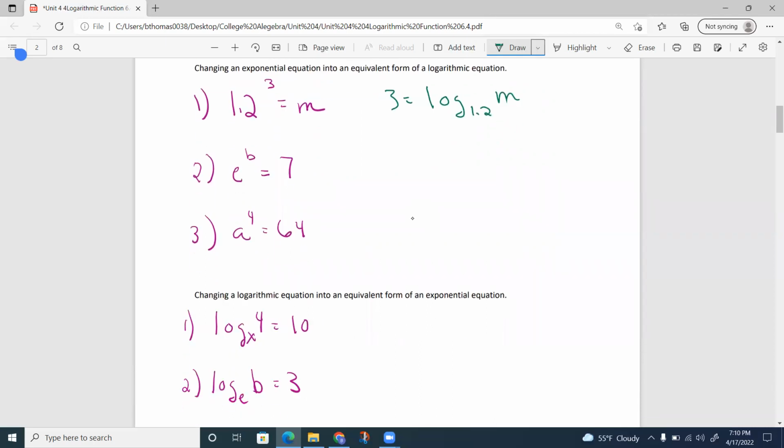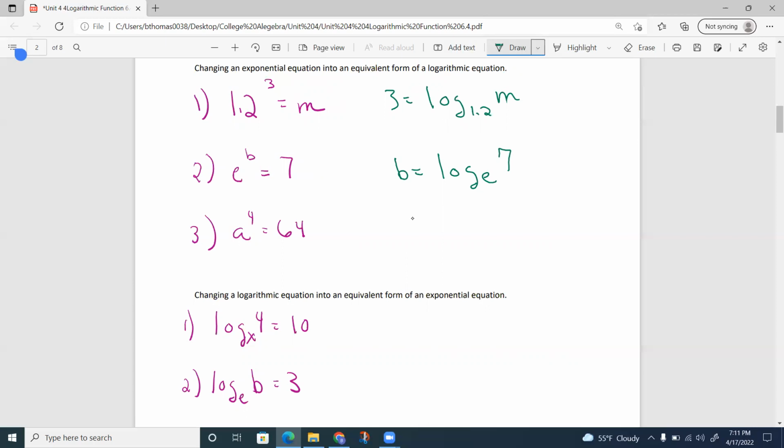So if I have e to the b equals 7, if I want to put that in logarithmic form, again, the exponent becomes one side of the equation, so the b comes over here. And then I'm going to take the log of something, but the base is the e, so that goes here. So what I'm actually taking the log of is the 7. So b equals the log of 7 base e would be how I would read that.